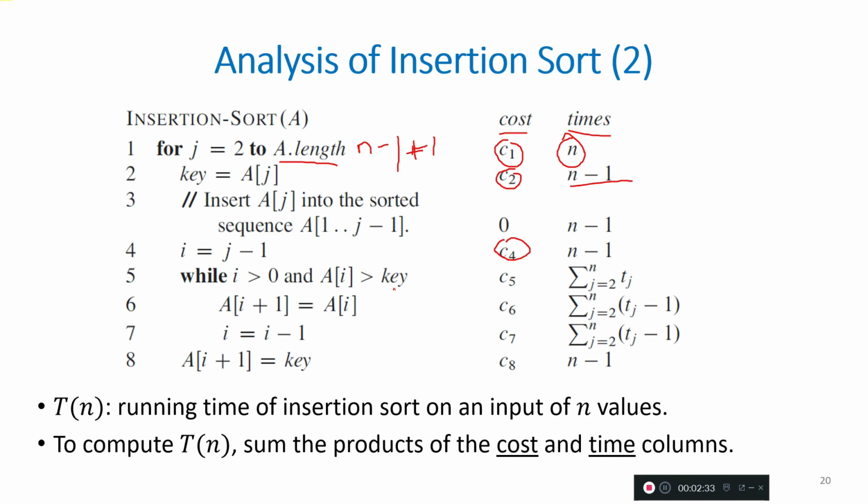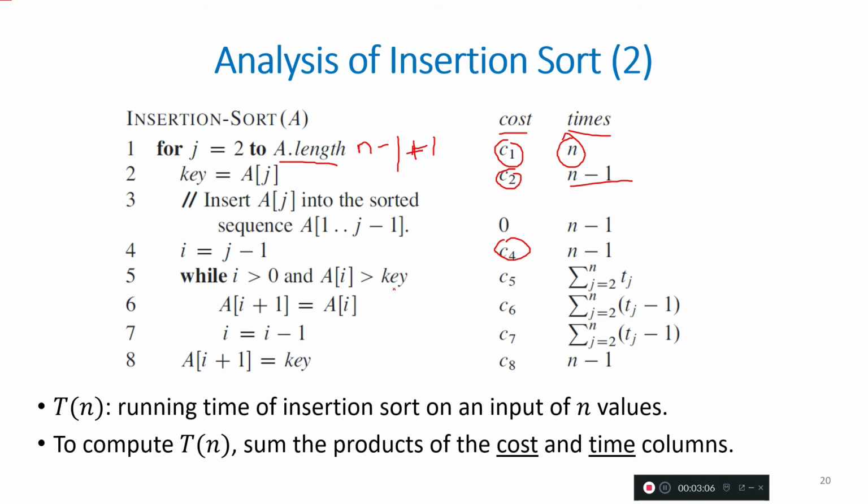For example, if the key value, or the card that you pick from the table, is the largest number as compared to the cards in your hand, there would be no swapping. And therefore, the while loop would not be executed at all. But if this key value is some value which is between the numbers that you hold in your hand, you would have some number of swappings. But how many? We do not know because we do not know the order of the input.